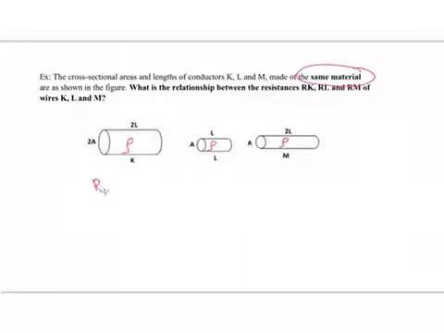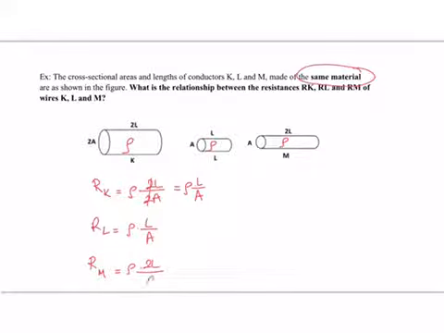The resistance of K is equal to resistivity times length over thickness, which is rho L over A. The resistance of L is equal to rho L over A, which is equal to K. And the resistance of M is equal to rho 2L over A. So you see that the resistance of M is bigger than the resistance of K, which is equal to the resistance of L.